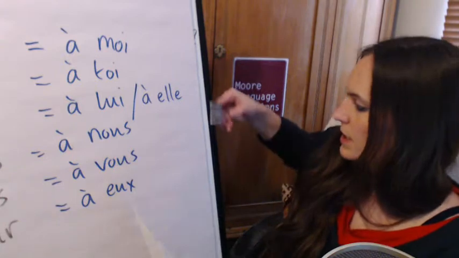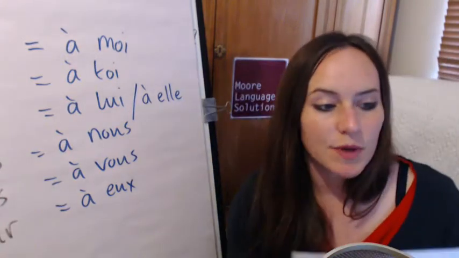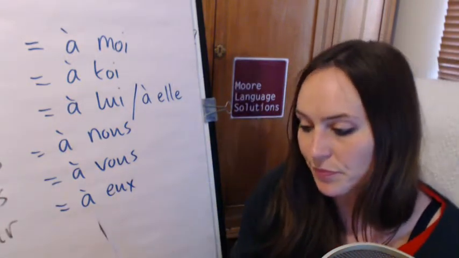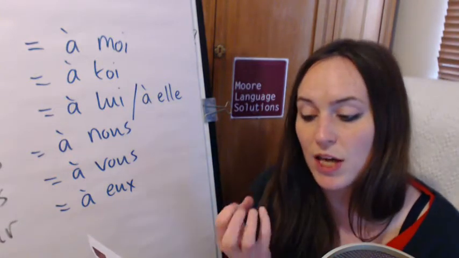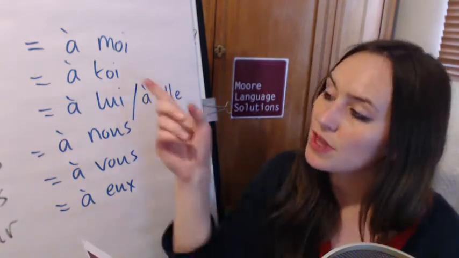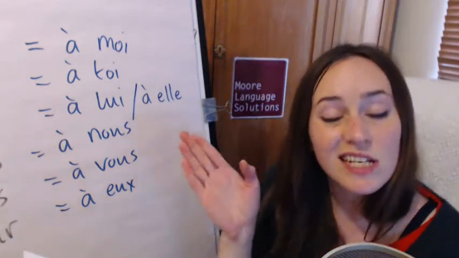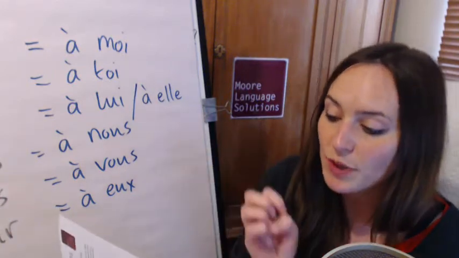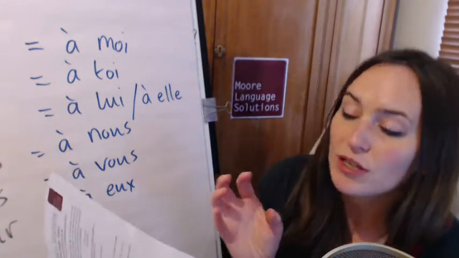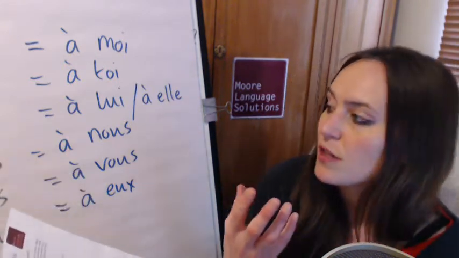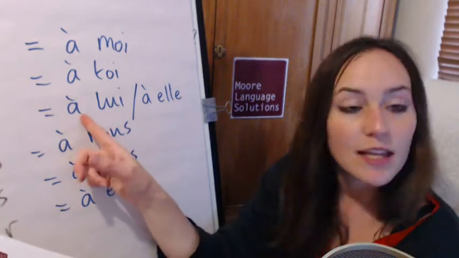Let me find the handout, which is what I'll be sending to my club members later today. So here I've got some example sentences where you use these indirect object pronouns to replace a pronoun in the sentence. The pronoun that we're replacing is often preceded by the preposition à.